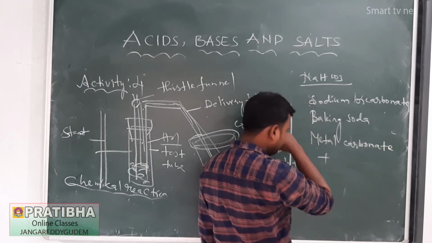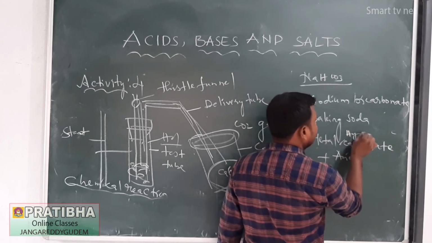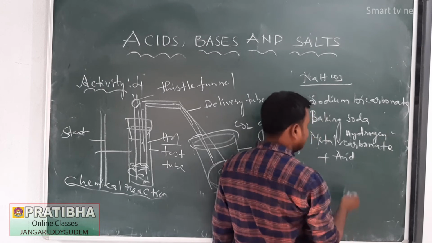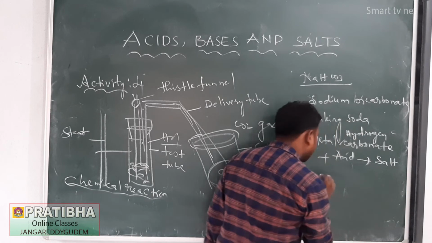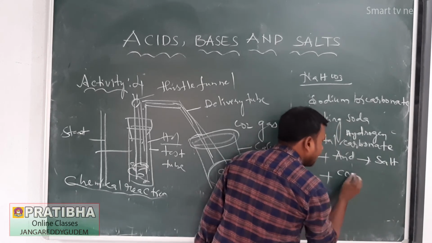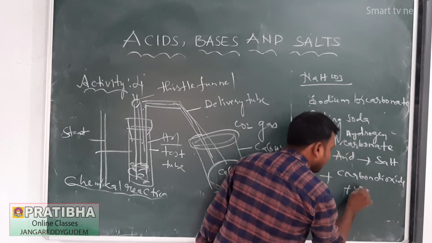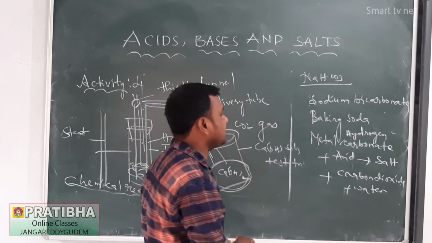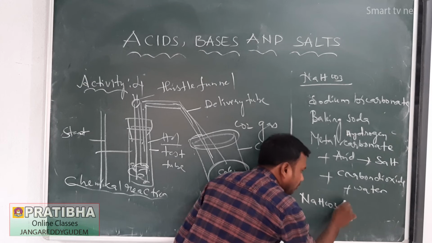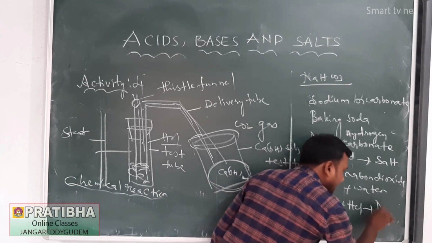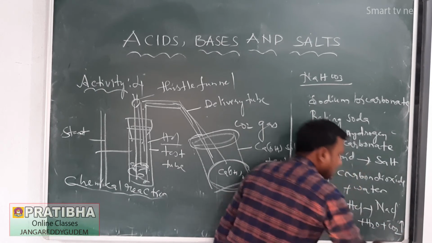Metal hydrogen carbonate plus acid to form salt plus CO2, carbon dioxide, plus water. In the form of this equation, we can write NaHCO3 plus HCl to form NaCl plus H2O plus CO2 gas liberated.